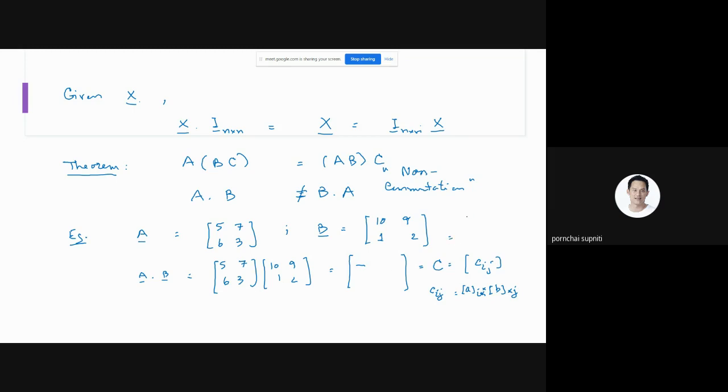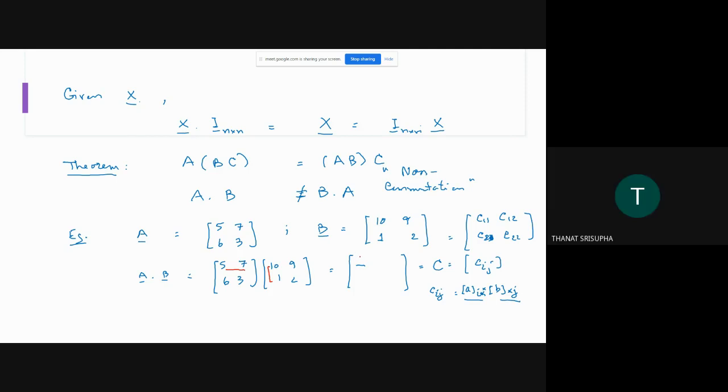So we have C11, C12, C21, and C22. The first term here is C11. It comes from row 1 multiplied with column 1 of B. You multiply each element in row 1 with column 1 of B and sum together. What do I get here, Thanat?